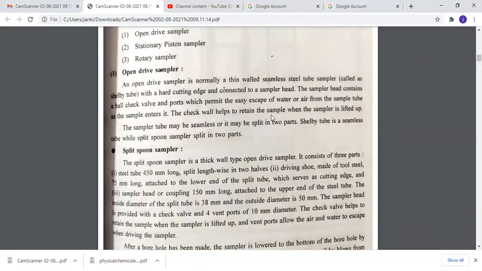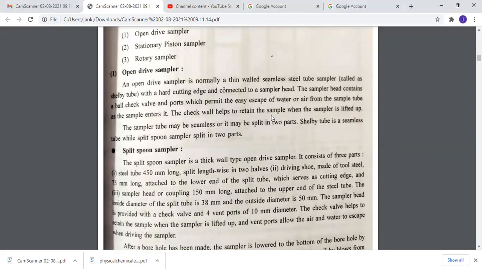Talking about the first one, the open drive sampler: it is normally a thin walled seamless steel tube sampler, also known as a Shelby tube, with a hard cutting edge, connected to a sampler head. The sampler head contains a ball check valve and ports which permit easy escape of water or air from the sampler tube as the sample enters it.